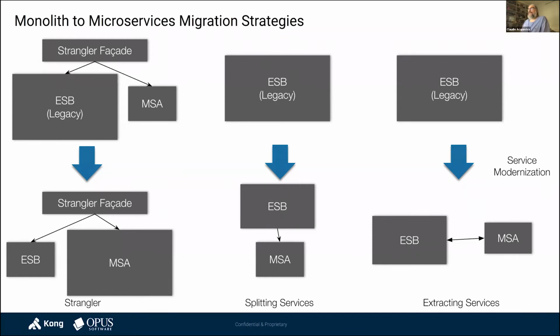Over time, you are retiring your current ESB services as you implement the brand new microservices, functionally similar to the services you currently have in your enterprise service bus. Eventually, you will be able to retire your enterprise service bus once all the services are running in your microservices infrastructure.